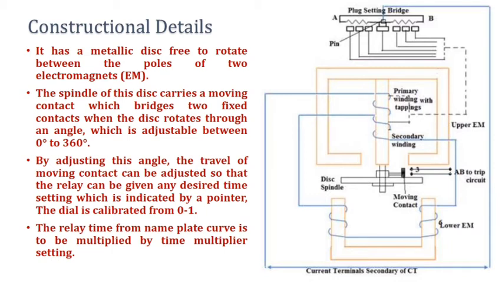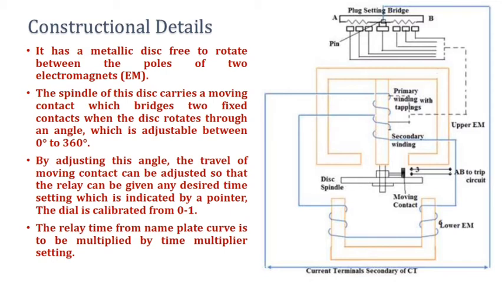The dial is calibrated from 0 to 1. It is also called the time setting multiplier, where we adjust the rotating speed of the metallic disc, so how speedily it reacts. So we can set the pointer of the dial from 0 to 1.